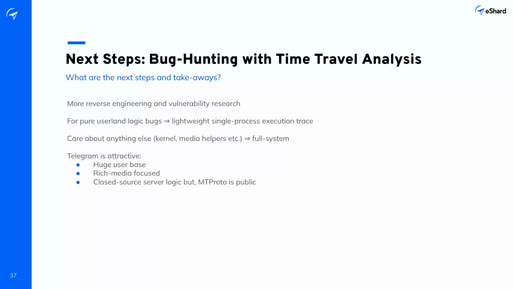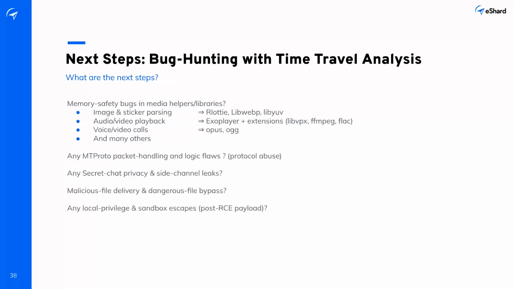And as Telegram is still a popular messaging application, due to the fact that it has a huge user base, it is rich media focused, and even though the server logic is closed source, MTProto is public, all of this makes Telegram an attractive target to explore.